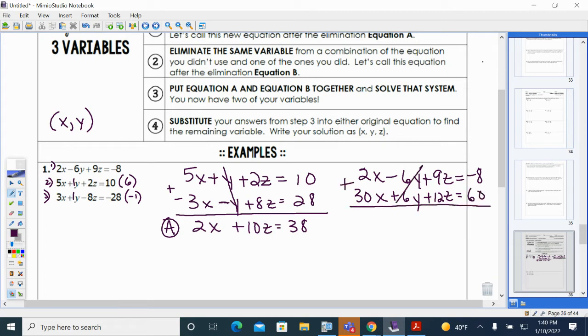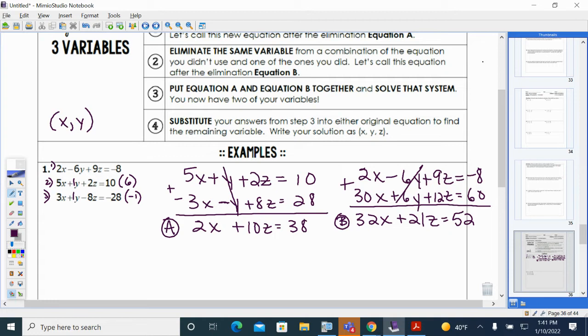And what happens is, again, the y's are going to eliminate. 2x plus 30x is 32x. 9z plus 12z is a positive 21z equals negative 8 plus 60 is a positive 52. And that's equation B.